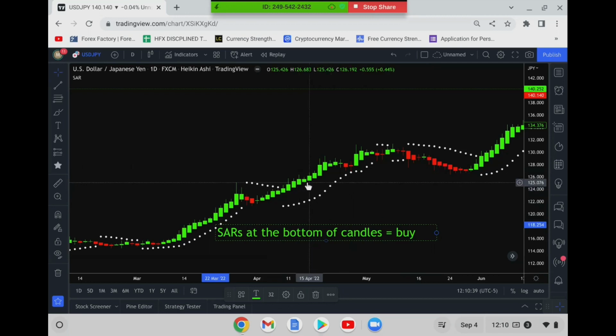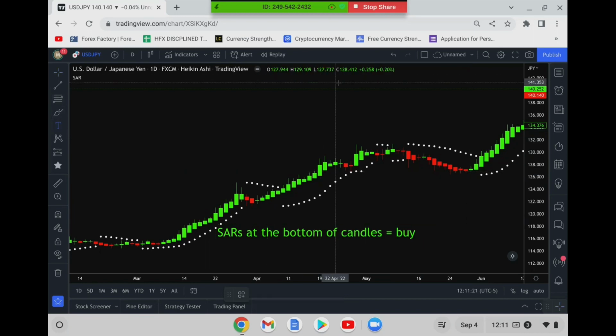The market was trending up, but then what happened? Boom. The indicator stopped and reversed to the other side. So you guys, this was our first indication once our Parabolic SAR flipped that now the market was actually going to start to move in the downward direction.